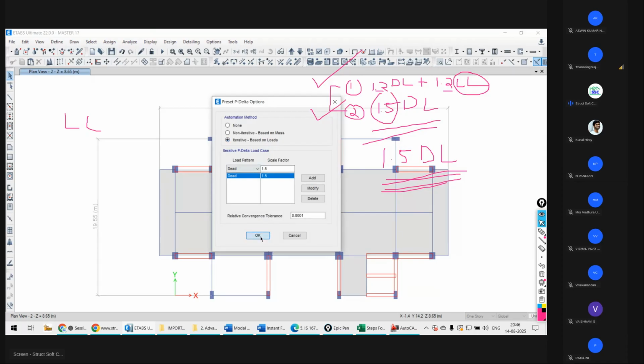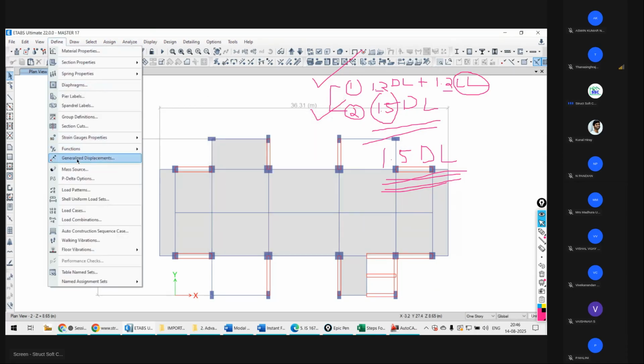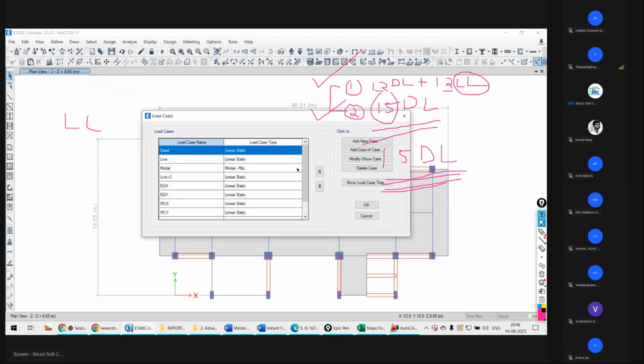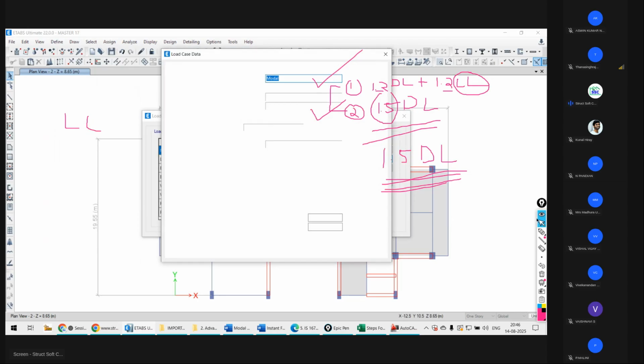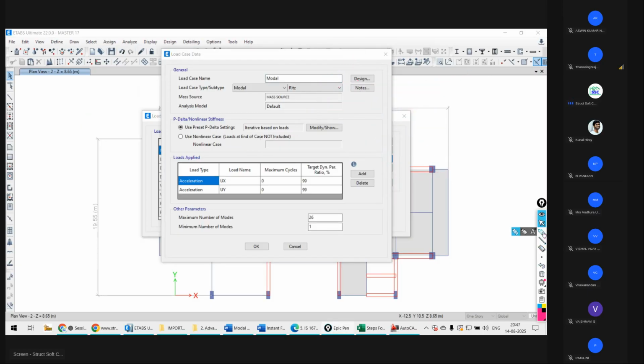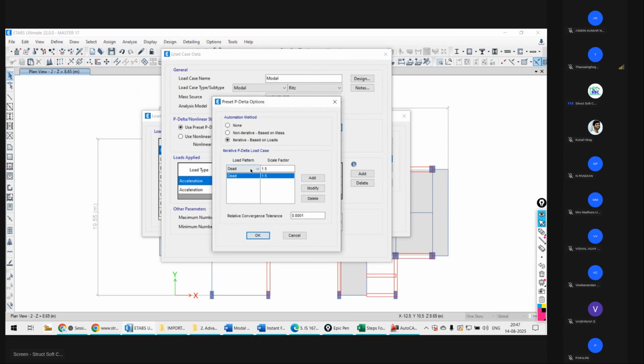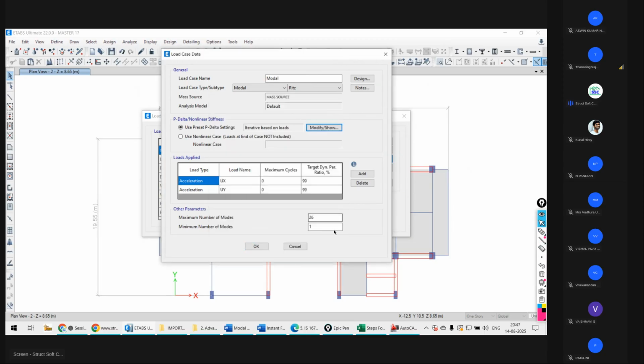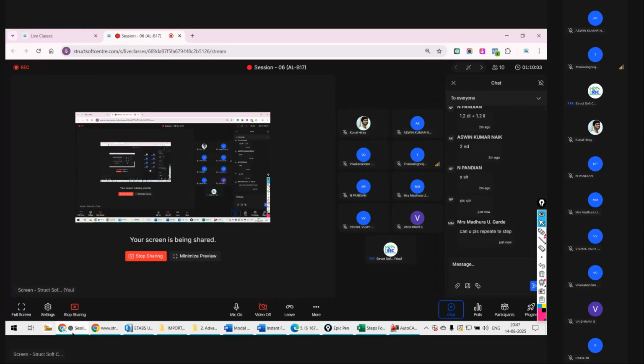It is not defined, so simply say okay, go to define, load cases, and the Modal analysis we have just defined. Go to modify this. See, the Modal analysis is going to use the results of P delta. Until now it was showing none, now it is showing iterative based on loads. The definition you have defined, the Modal analysis will follow its results. Got it?